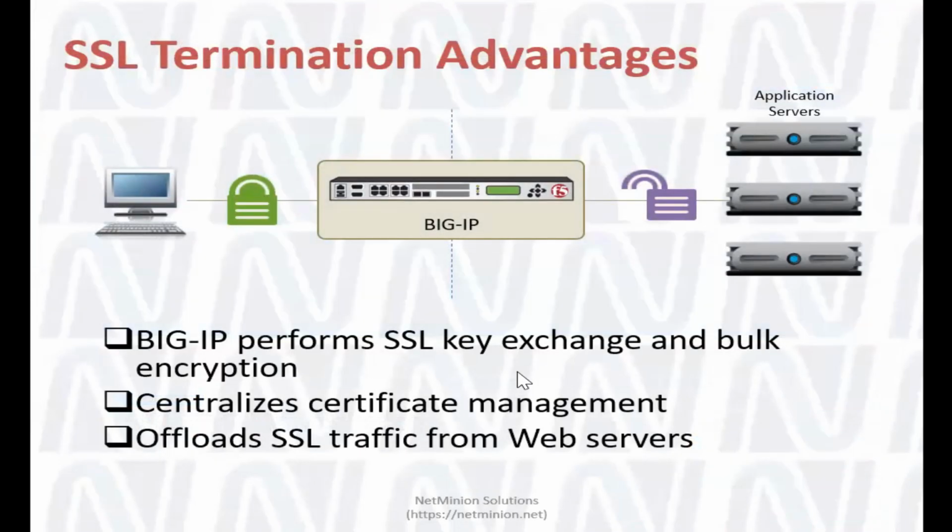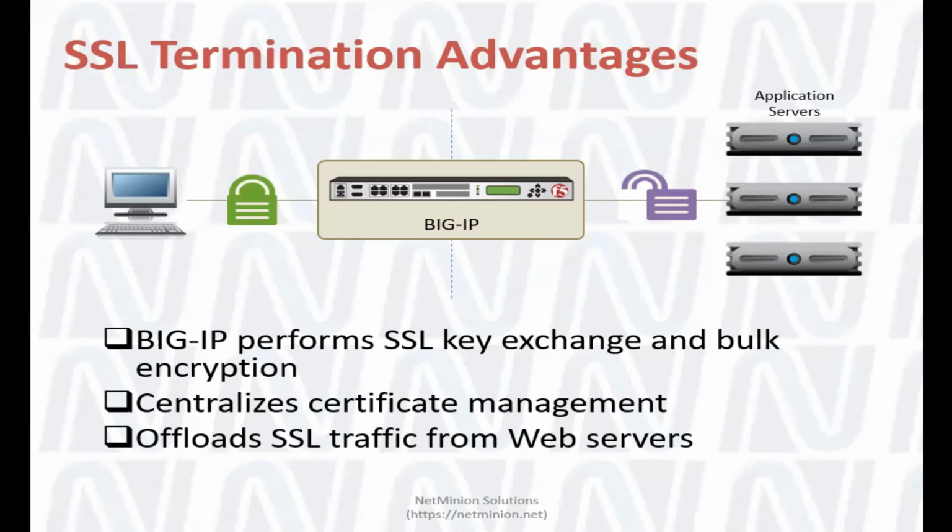Now we were talking about the SSL termination advantage. This was our slide, right? And we just went into those documents. So what are the advantages? Probably now you are able to understand. BigIP will perform all of the SSL key exchange and bulk encryption. I was talking about only one application, but there would be hundreds of applications being onboarded.